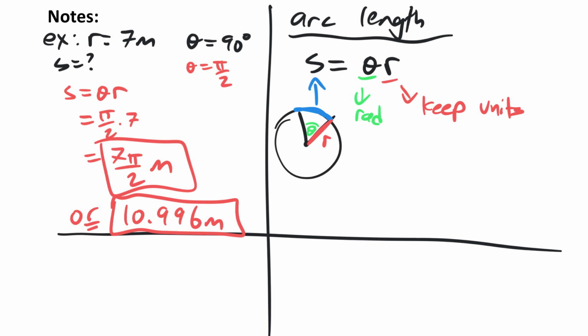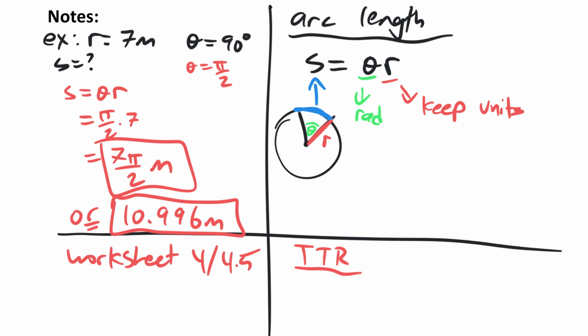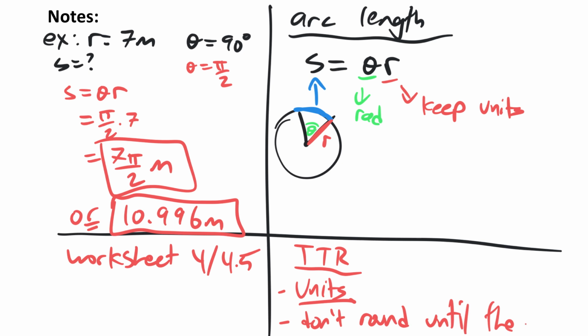For some extra practice, you can look on worksheet 4 and 4.5. And then you can write down any things to remember. The most important thing I would say is units. But of course, you might also want to write down, don't round until the end.